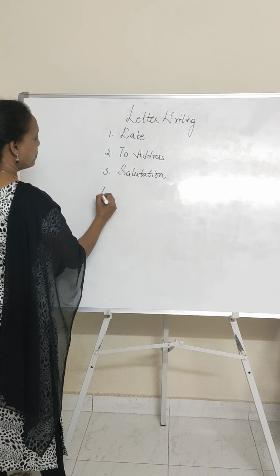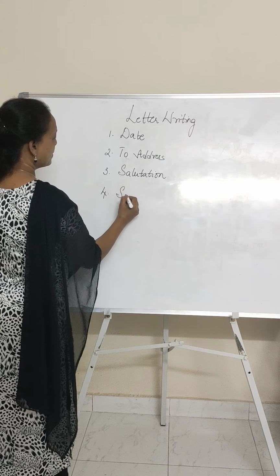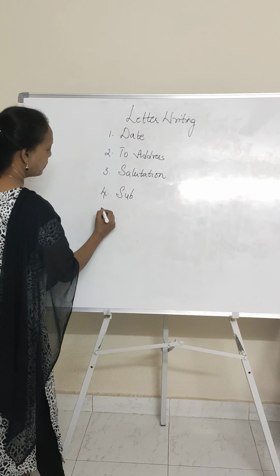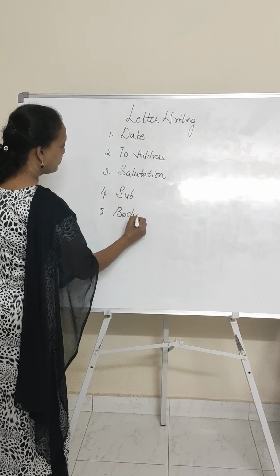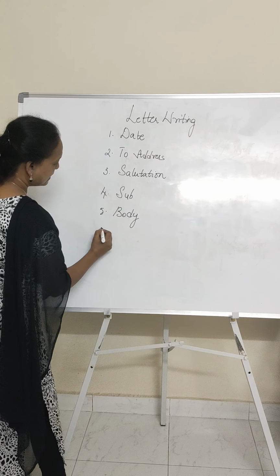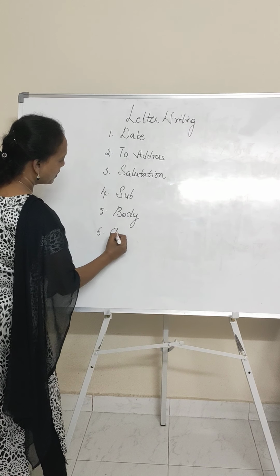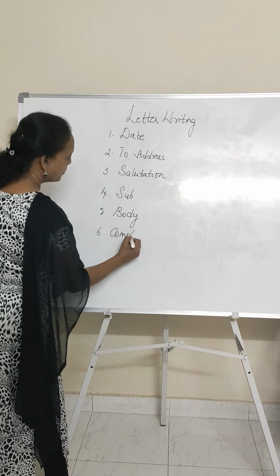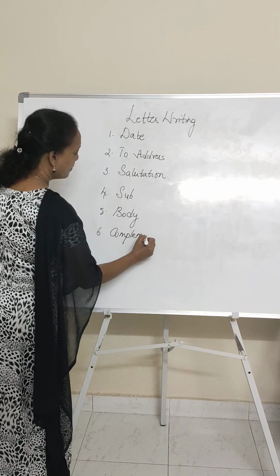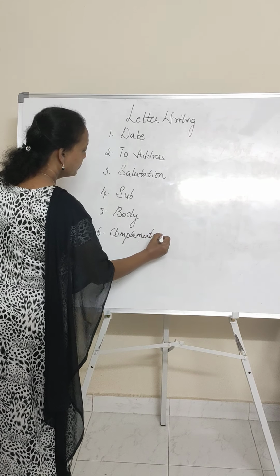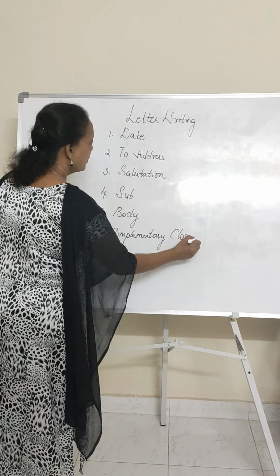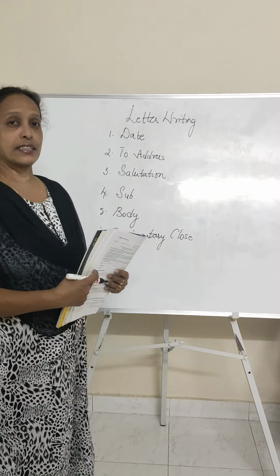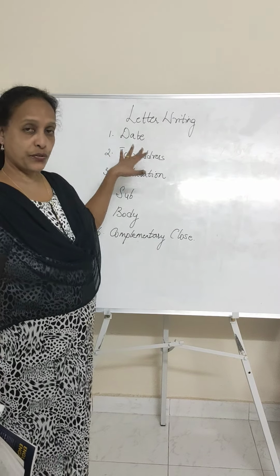The next point would be the subject. The fifth point would be the body of the letter, and the sixth point would be your complimentary clause. Okay. Now these are the different parts of your letter.